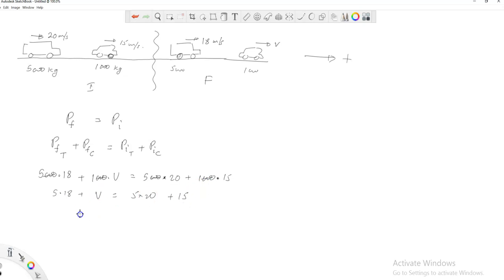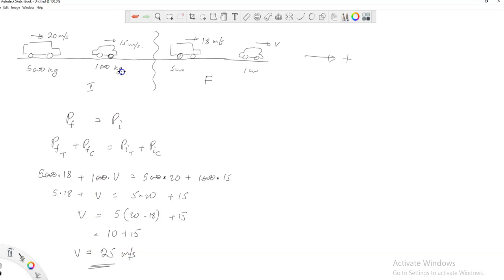So I'm going to take this to the other side. V equals, I'm going to take 5 out, 20 minus 18. If you're not familiar with this, just use the calculator. Plus 15, so 2 times 5, 10 plus 15. V equals 25 meters per second.